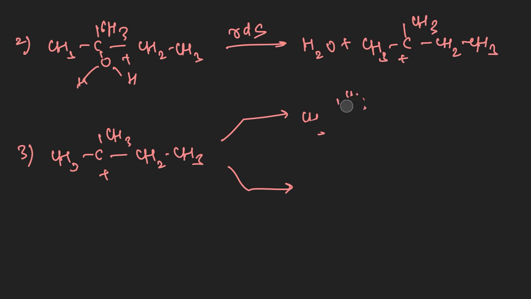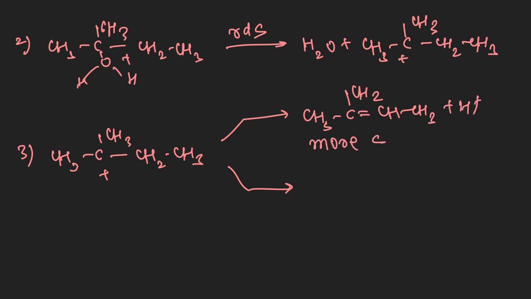What does it form? CH3, CH3, double bond CH and CH3, and H plus will be removed. So it is more stable. How is it more stable? Because we have a second compound, CH2 double bond CH3, CH2 and CH3. So when this hydrogen gets removed, we get this compound.